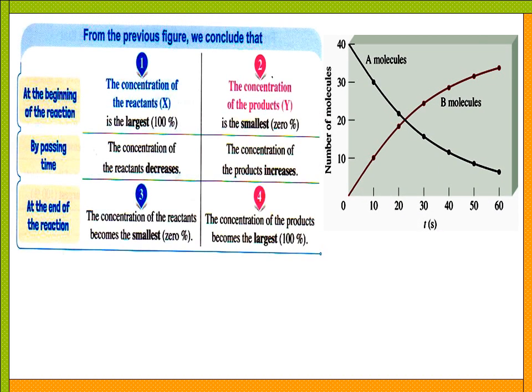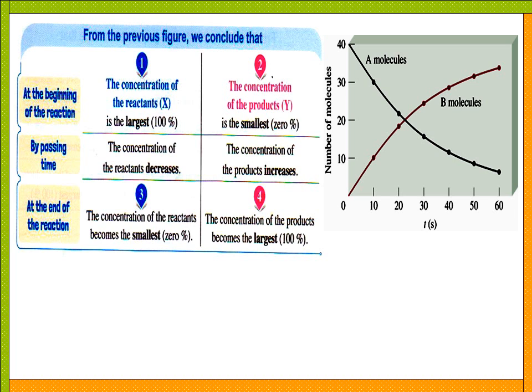Okay, from the previous activity, at the beginning of the reaction we have molecule A and molecule B. At the beginning, reactant X is the largest in amount, and its concentration decreases by time. At the end of the reaction, the concentration of reactant will be the smallest, or equal to 0. Also for molecule Y, or molecule B, the concentration of product Y will be the smallest at the beginning of the reaction.